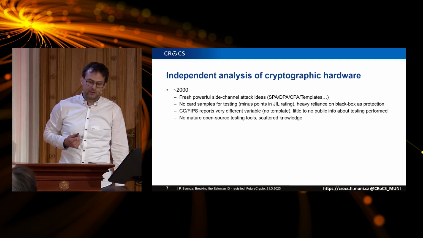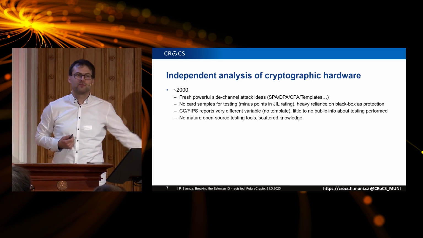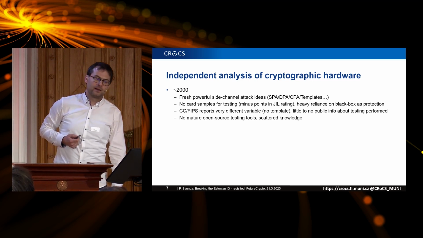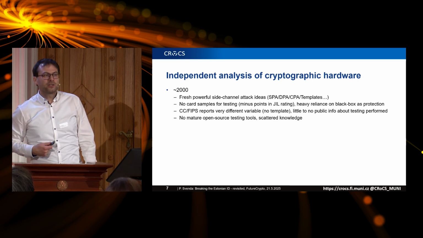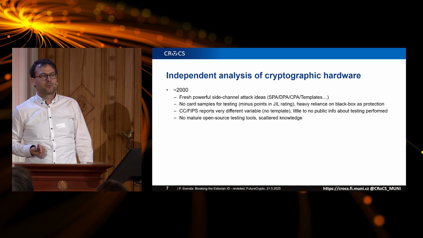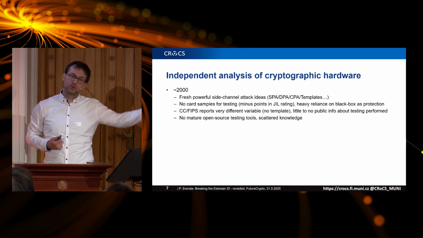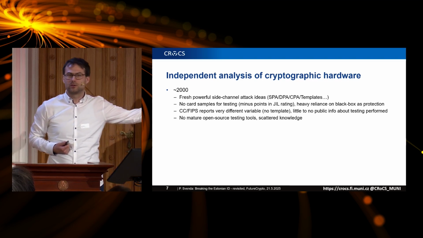The industry making cards was heavily relying on black box and also not giving free samples. Common Criteria certification was already there. It was providing some level of information about what was tested, but it's the best you can get still nowadays, and not deep enough.